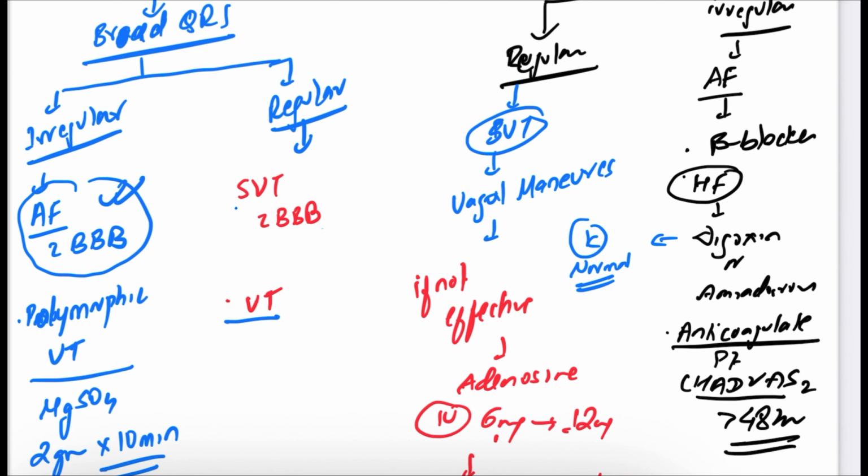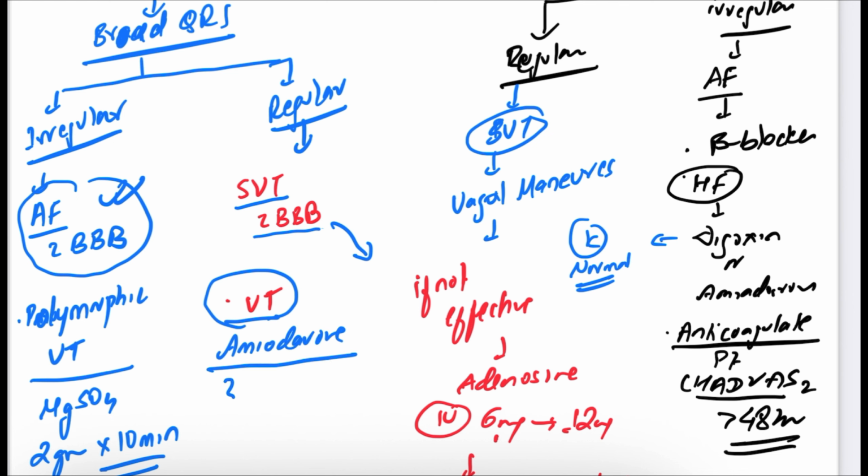If the patient is having SVT with bundle branch block, we treat the patient as a regular narrow complex tachycardia. We follow this algorithm. If the patient is suffering from VT, then we give amiodarone. The usual dose is 300 mg IV over 10 minutes, and then we follow a different algorithm.